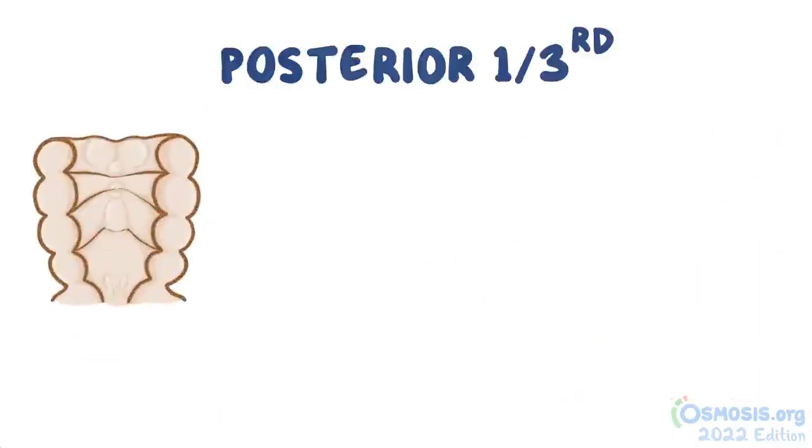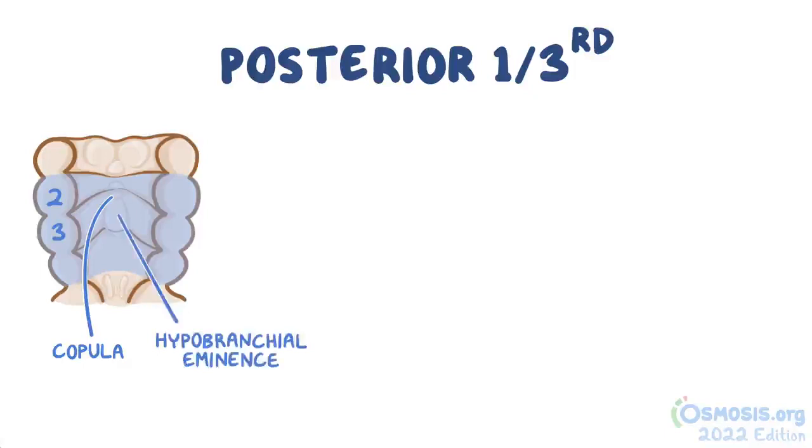Similarly, the posterior 1/3 of the tongue also begins to develop around week 4 as 2 mesodermal swellings. The first swelling, known as the copula, develops in the midline of the second and third pharyngeal arches during week 4. The second swelling, known as hypobranchial eminence, grows from the midline of the third and fourth pharyngeal arches around week 5.